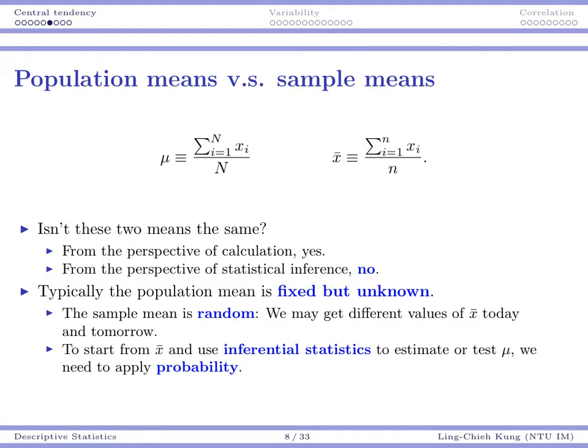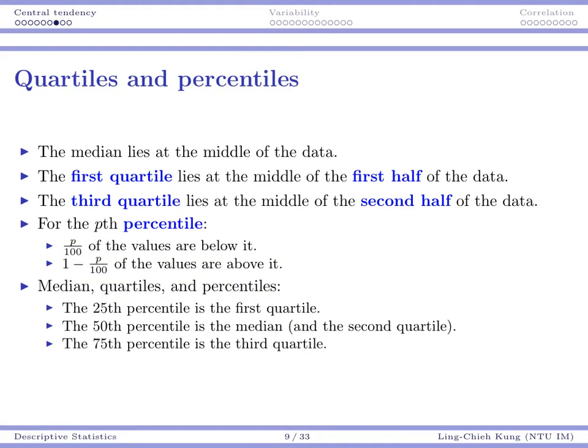We're going to talk about inferential statistics, about how we may use X bar to infer mu, or use a sample outcome to guess the population outcome. In that case, we really need probabilities because we need to estimate the randomness of X bar, the randomness of the sample mean. We're going to talk about that later in this semester.